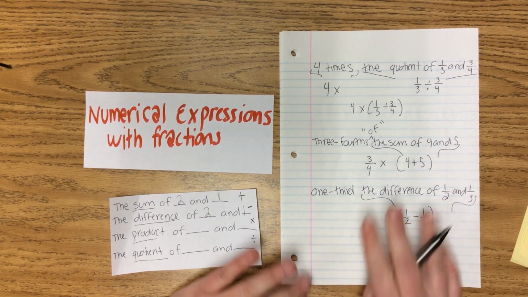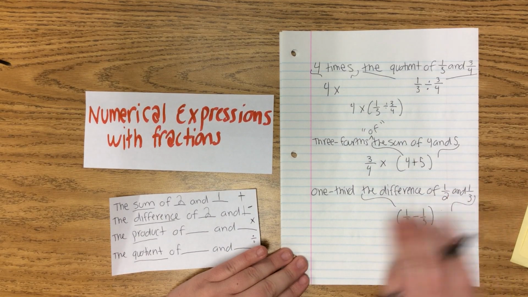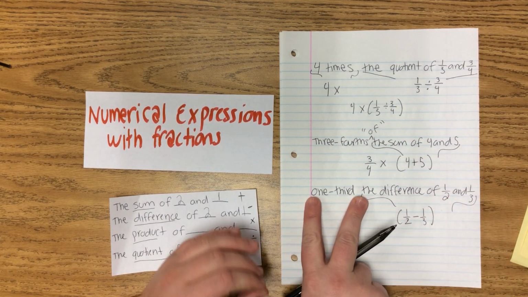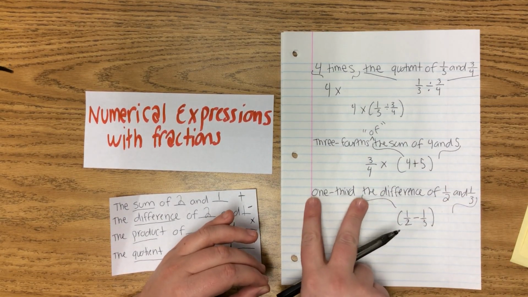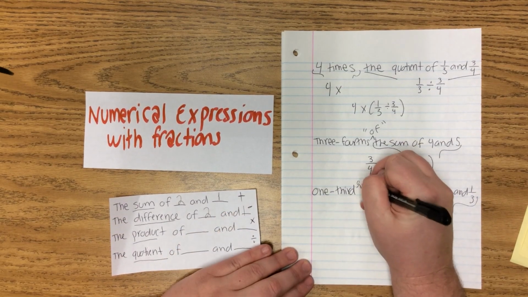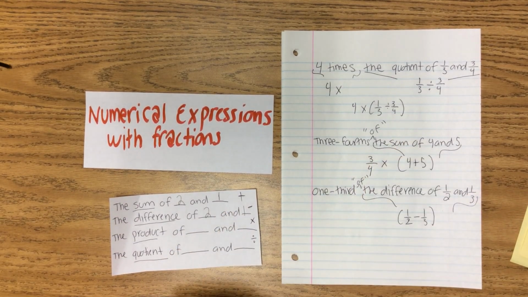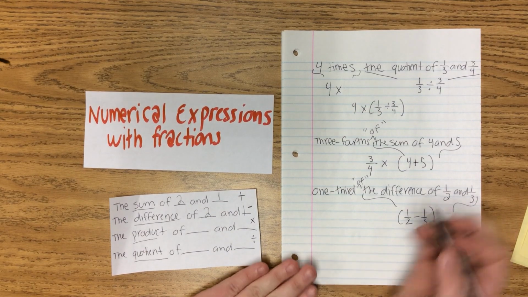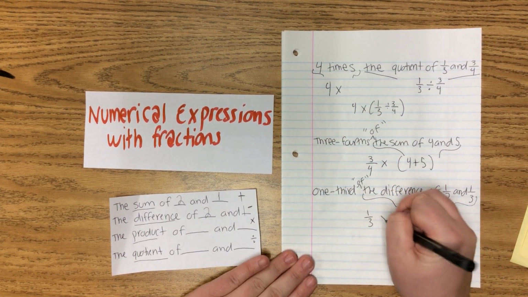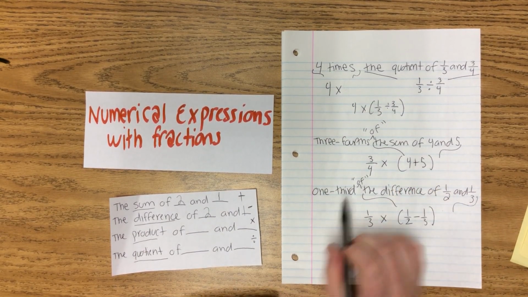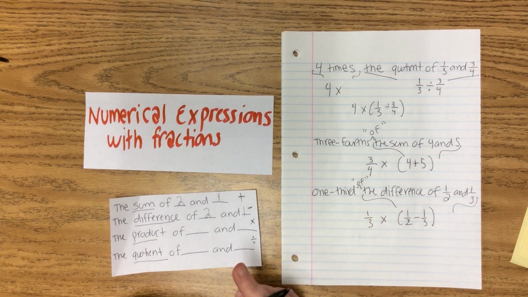Well, in this situation again, I pulled off that whole part of the problem, leaving me just with a 1/3. If they just leave you with a fraction, you can assume that there's a secret of: 1/3 of the difference of 1/2 and 1/3. And that tells me I'm going to multiply, because I know that of means multiplication.